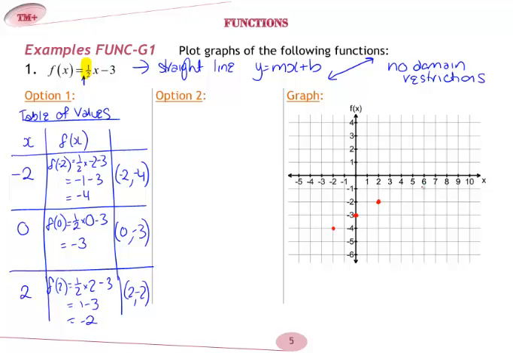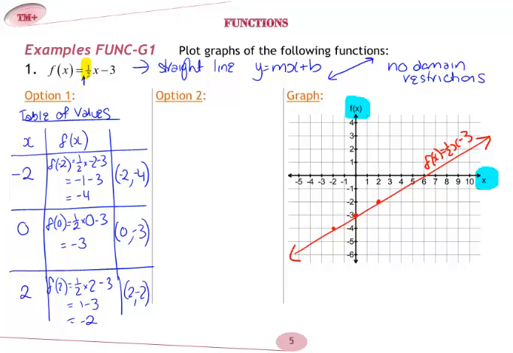And you can see that those 3 points line up. So when I try and draw my graph, excuse me if this is a bit wobbly on the computer screen, it's not that bad though. Remember to label it: f of x equals a half x minus 3. You'll also see that I have my axes labelled as well, so remember that if you're drawing it from scratch.